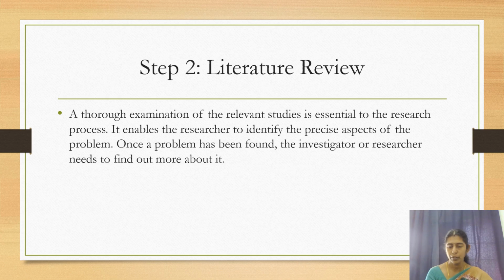The sources for literature review are past articles or papers presented in conferences or published in journals, or articles in newspapers, magazines, or any media, where you can find the previous researches about your particular topic. These all come under your review of literature. This is a major step here.